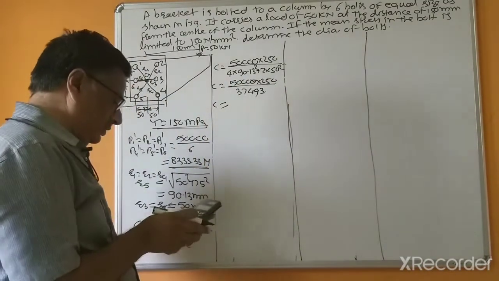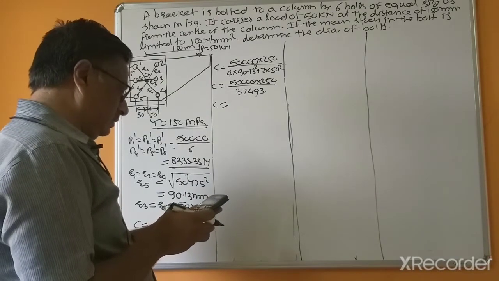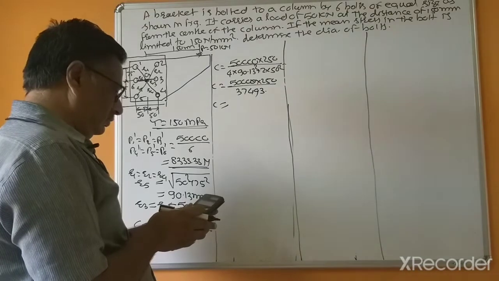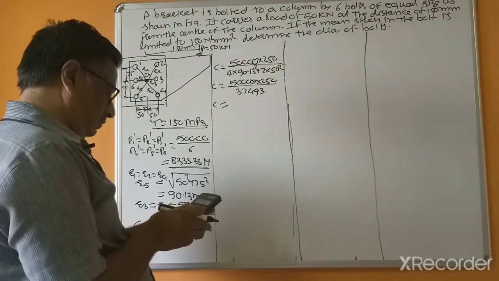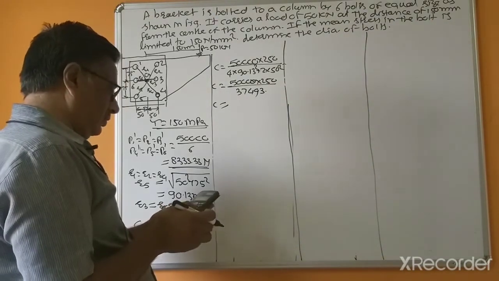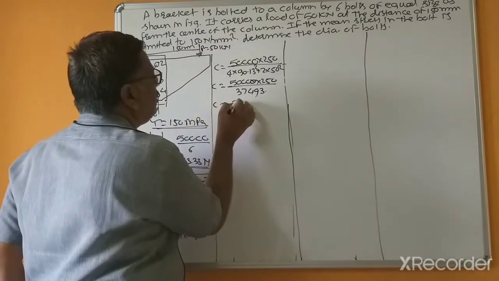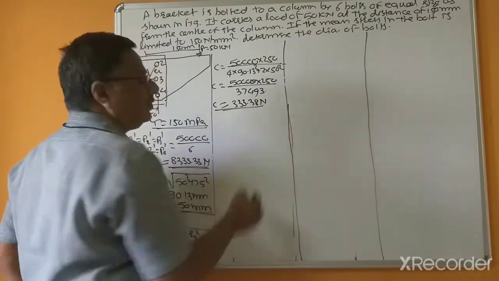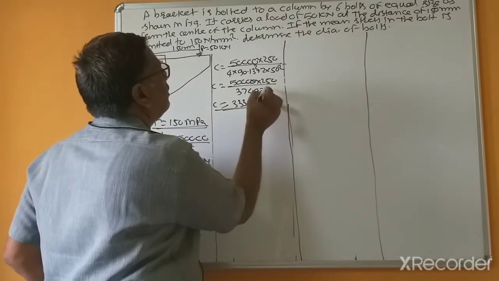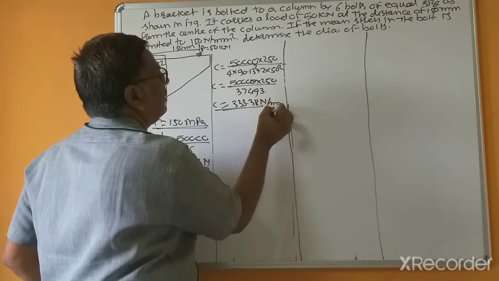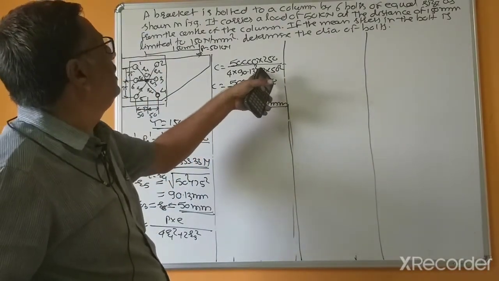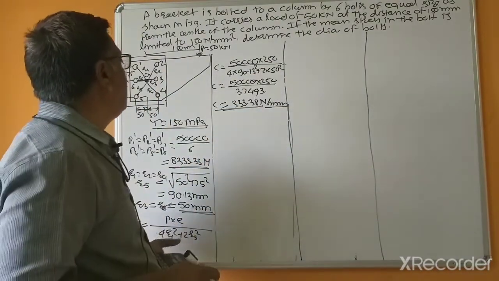C equal to 333.38 Newton, and this is per mm. Why this is? Because this is R1 square and this is only R.